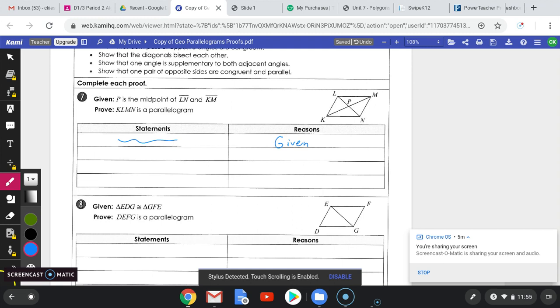And remember, anytime we're given a word in the proof, we have to define it. So what does it mean that P is the midpoint of LN? Well, that means that LP is congruent to PN. And then I can also say KP is congruent to PM.